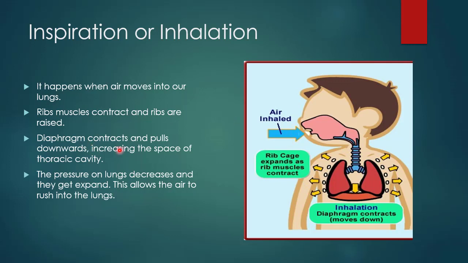Similarly, the diaphragm contracts and pulls downwards. Diaphragm एक dome shaped structure है, but यहाँ पर जब ये contract होगा तो it will get downwards. Now due to this movement, there will be an increase in the space of the thoracic cavity.